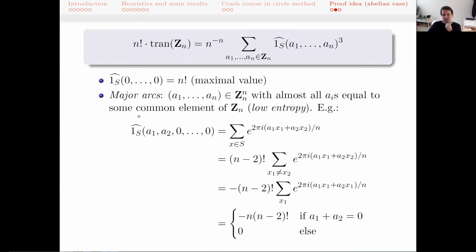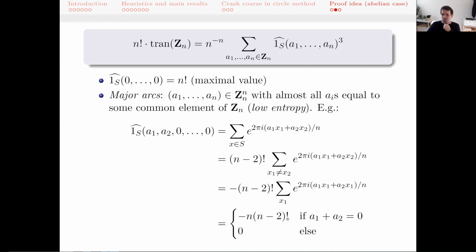For example, if you took a tuple which has, let's say, 20 elements which are not zero, and then n minus 20 which are zero, this would have a contribution of maybe n minus 20 factorial or something like that, so it would be significantly smaller.